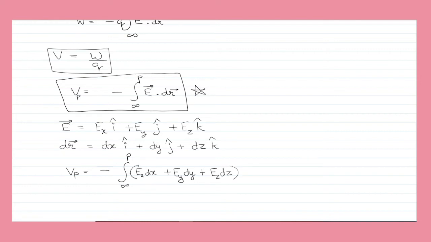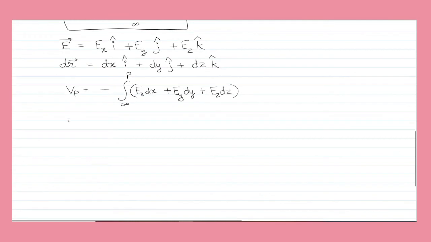If I separate all these three, I will get the potential at the point P as minus integration Ex dx, minus integration Ey dy, minus integration Ez dz.